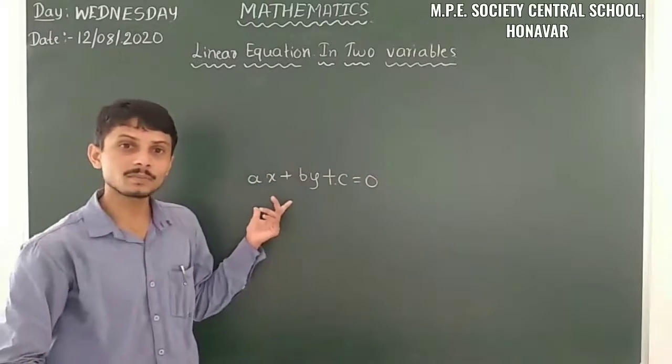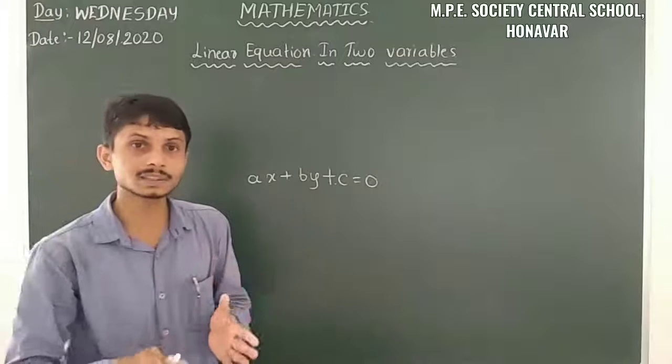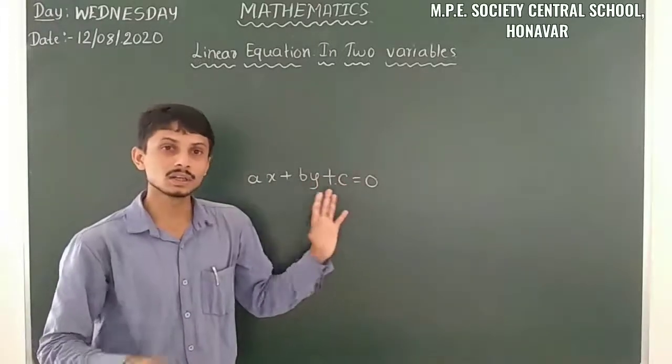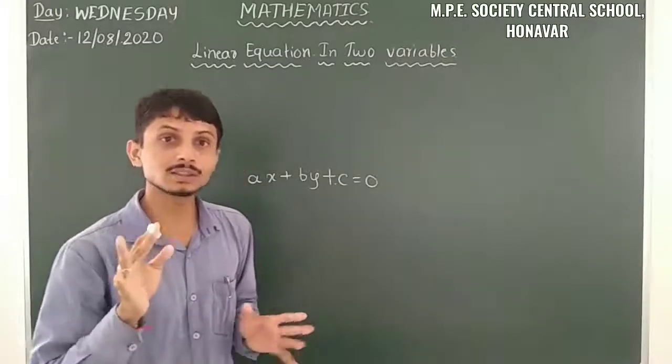This is the standard form of a linear equation in two variables. When the equation can be expressed in the form ax plus by plus c is equal to 0, we call it a linear equation in two variables.